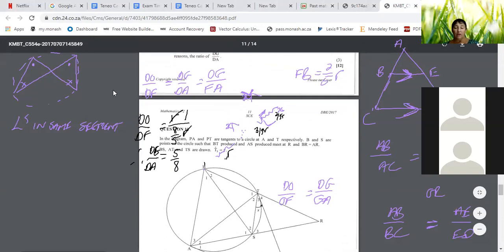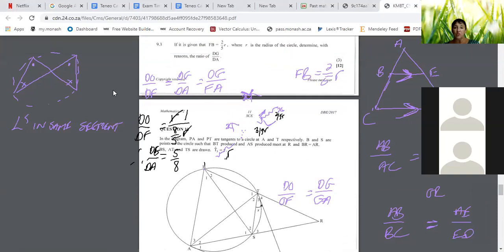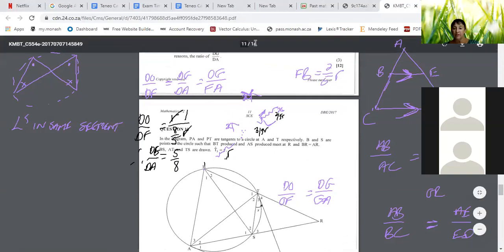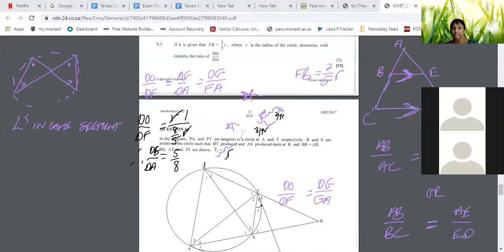Now what happens is you often find that the first few questions will not be too bad. Just trying to find my eraser somewhere. It's vanished. I don't know why, but my whole pen thing has vanished.